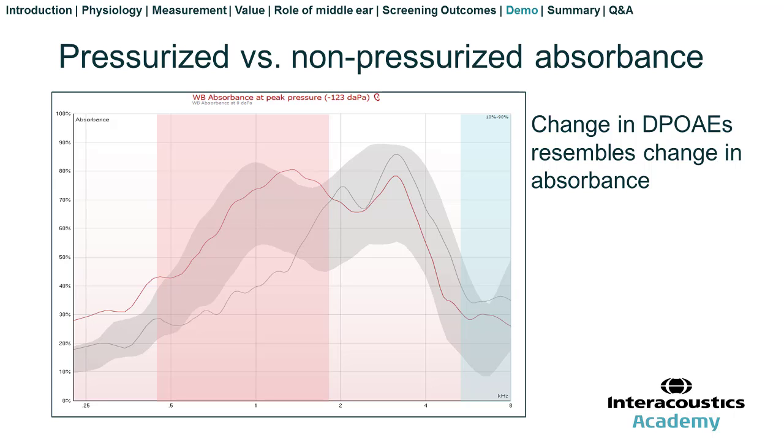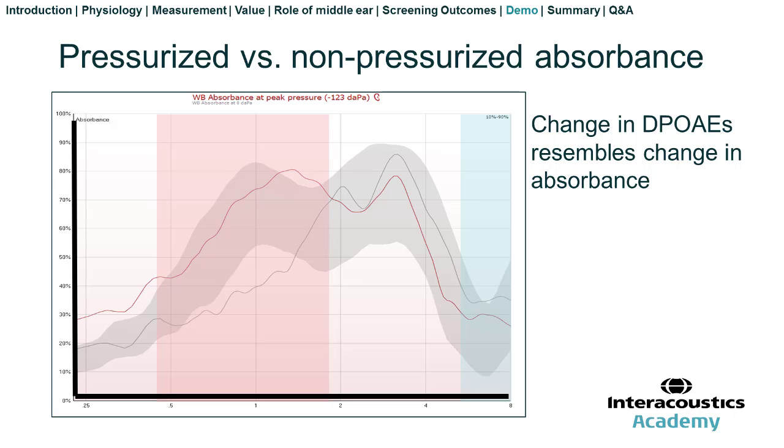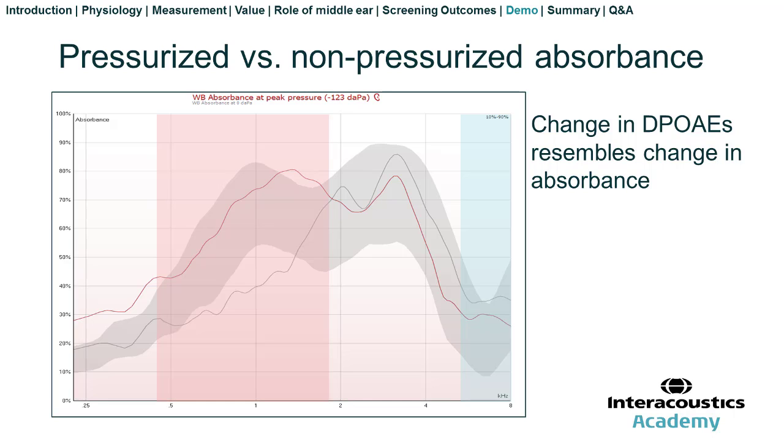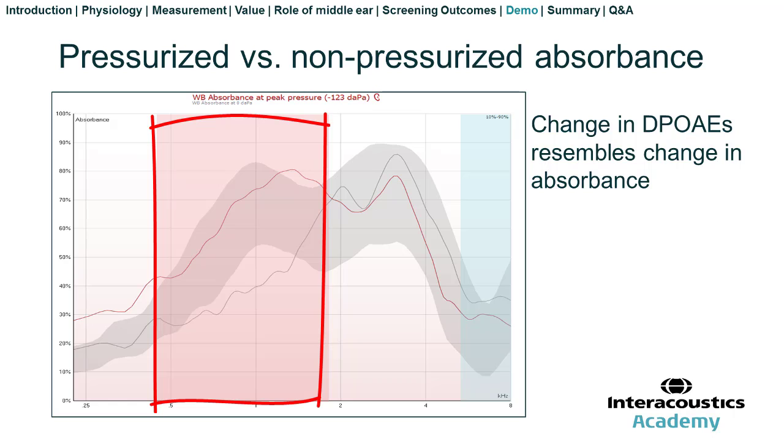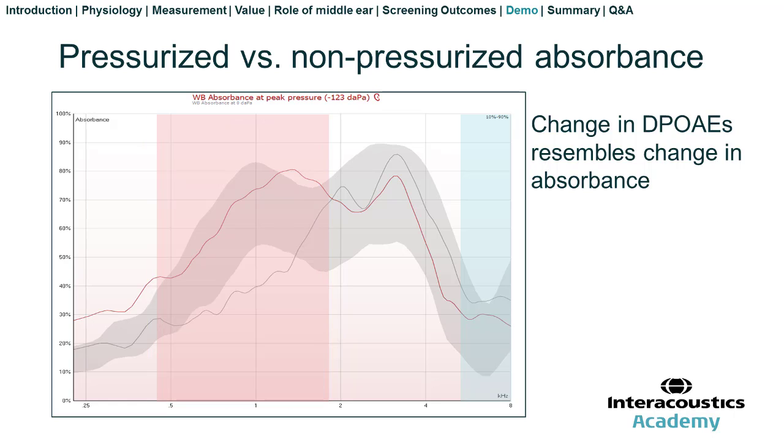And this is just showing absorbance across frequency. So in other words, if you have the red line, which is your peak tympanic absorbance, as opposed to the gray line, which is your ambient absorbance, this just shows that in the frequencies located in the pink region, this area has higher absorbance or greater transmission, a greater acoustic transfer of energy through the middle ear relative to the response obtained at ambient pressure, which is the gray line.